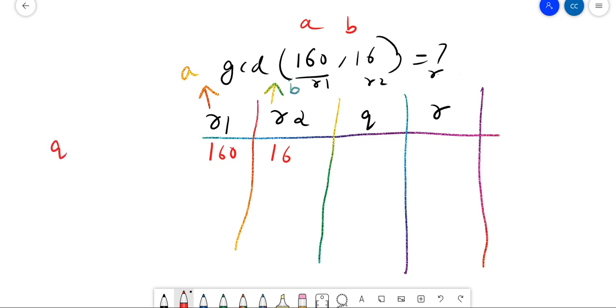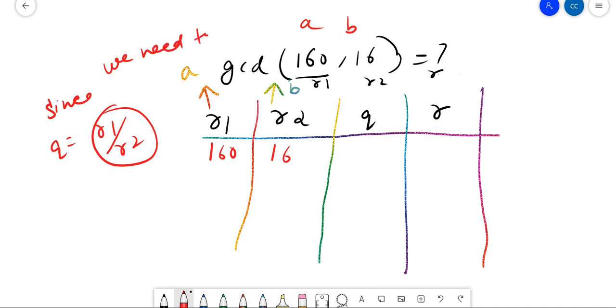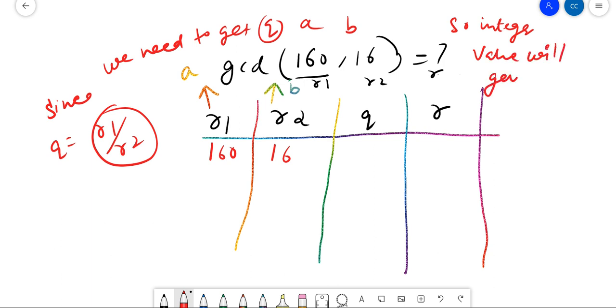Now question how we are getting R1 by R2. Since we need to get the quotient, the integer value will get into consideration, right?